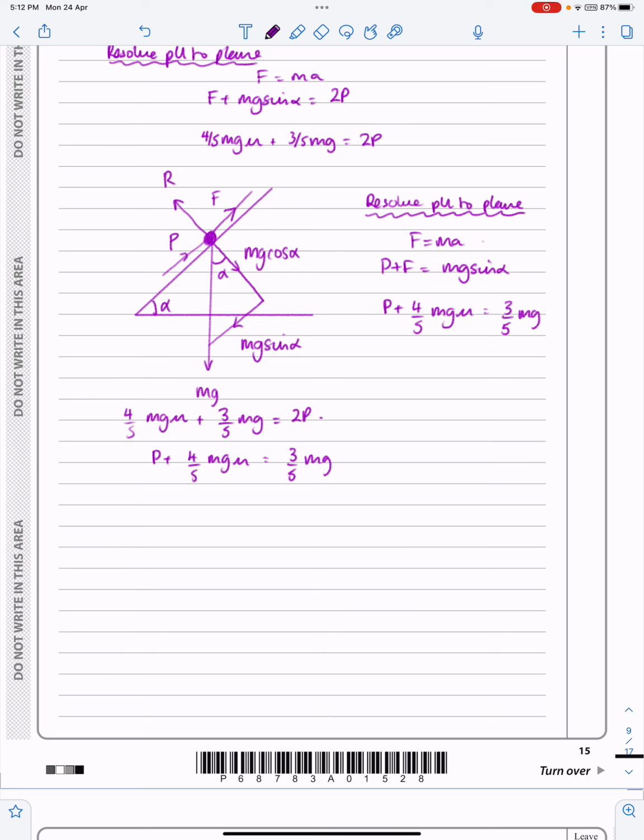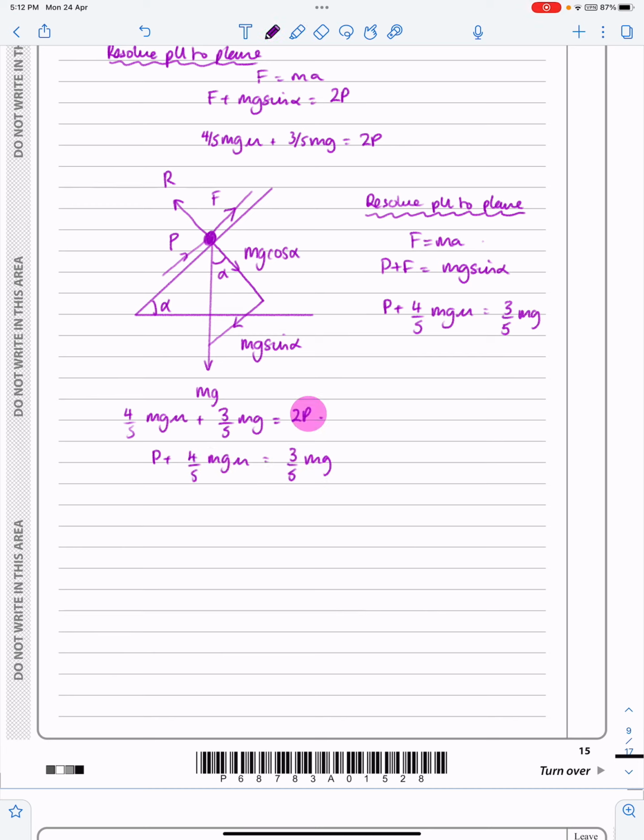Even though I've got them highlighted, I always like to write them down underneath each other. Then all I can do is take the P from this one, 3/5 mg minus 4/5 mg mu, and put it into that one there.